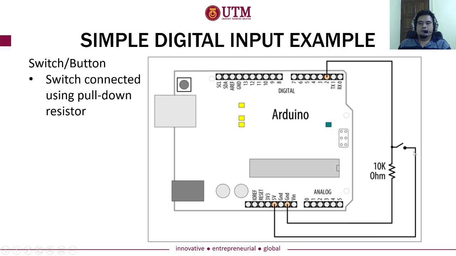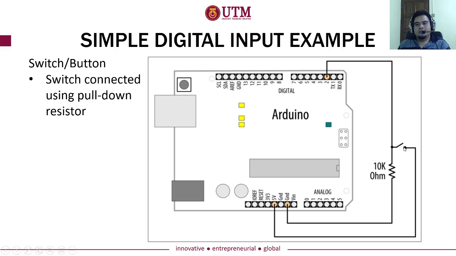So don't get confused with that. The switch does not generate an electrical signal by itself, but it channels the signal generated by this line. It can be 5-volt or ground.